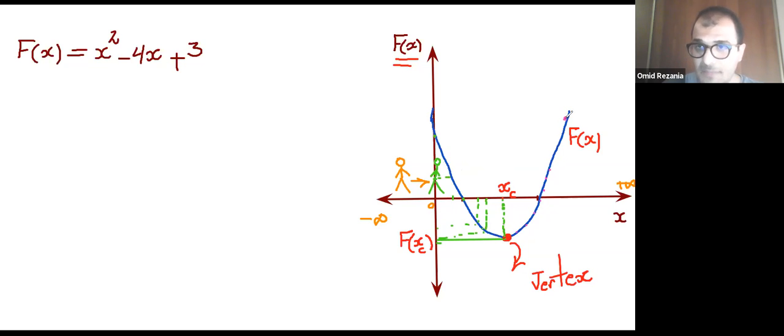You come, for example, here, and you read this value along the y-axis. You call this point, for example, xa. You see that f of xa is going to get higher.